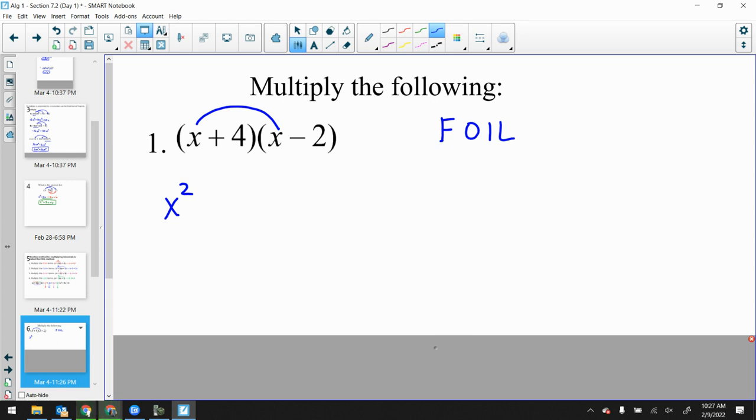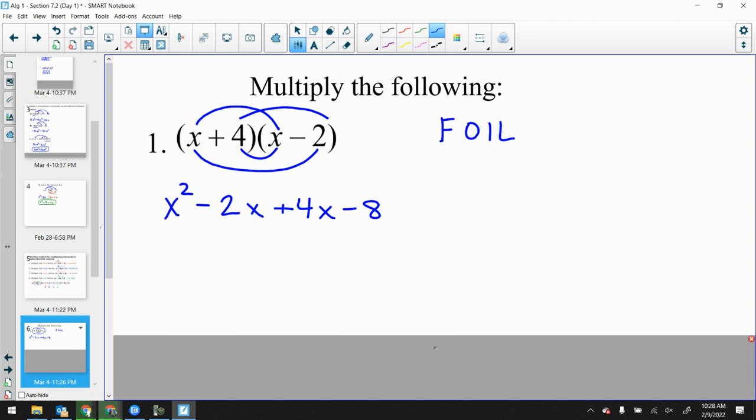Alright. Outer. O is outer. X and negative 2. Minus 2x. I is inner. 4 and x. L is last. 4 and negative 2. Minus 8.